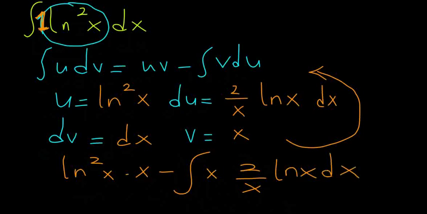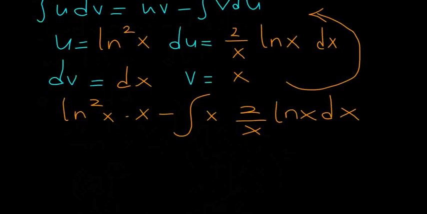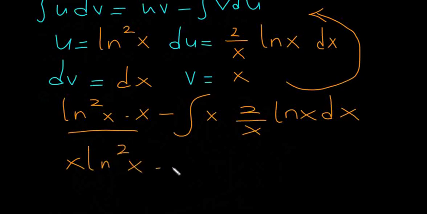Okay, so let's work this out. When we multiply this, it's going to be x ln squared x minus, so this x will cancel out with that x, so that we are left with the integral of 2 ln x dx.